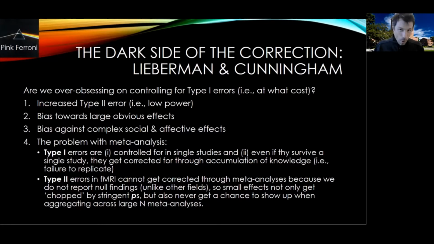Again, type 1 errors are self-correcting in that way if we do meta-analysis. Type 2 errors never self-correct. So we would be better off, this is the argument, having more type 1 errors in favor of reducing the type 2 errors.